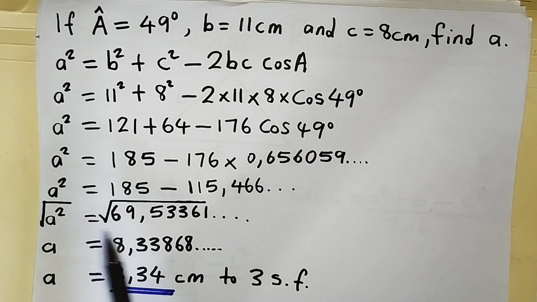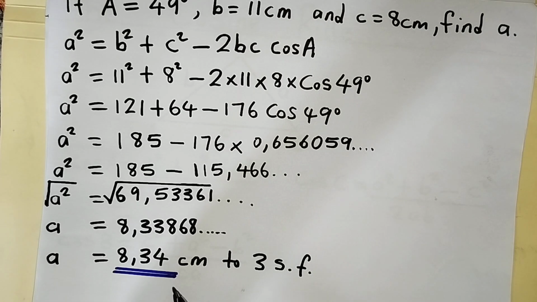So I find the square roots of both sides. The square root of A squared is A, and the square root of 69.53361 is 8.33868. Finally, my side length A equals 8.34 centimeters to 3 significant figures.